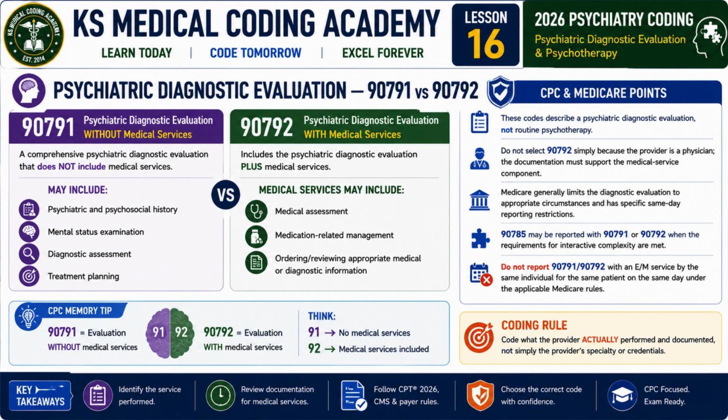For Medicare coding, there are also specific rules regarding same-day reporting and other services, so always verify the current Medicare guidance. The key takeaway is simple: identify the service, review the documentation, and then select 90791 or 90792 based on whether medical services were provided. Now let's move to interactive complexity and add-on code 90785.